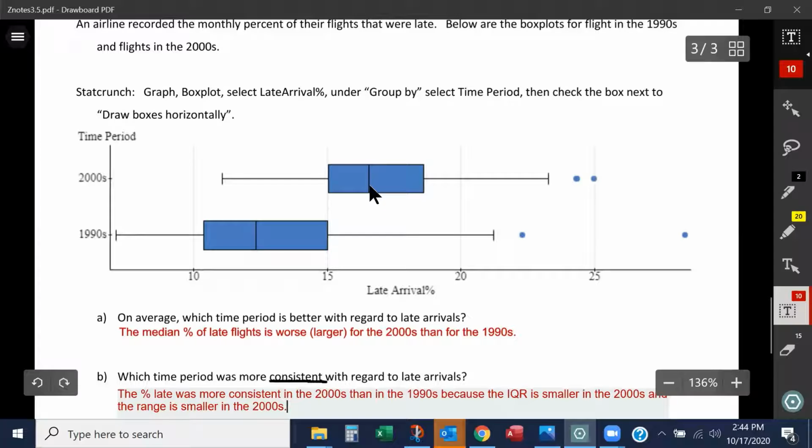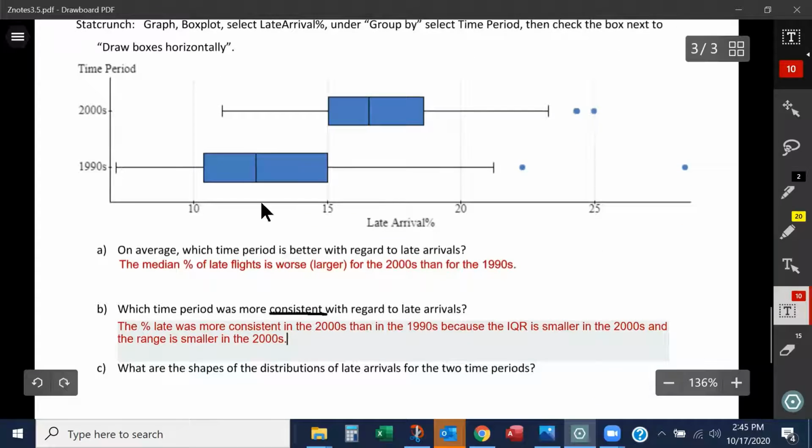And in the middle, it seems like it's more spread out on the right side of the median than on the left. So this looks like it is right skewed in the middle half of the data. And when I look at the range, the left side that's outside the box is less spread out than the right side. So again, it looks like the 2000s is right skewed.